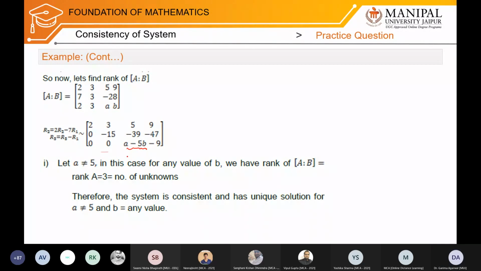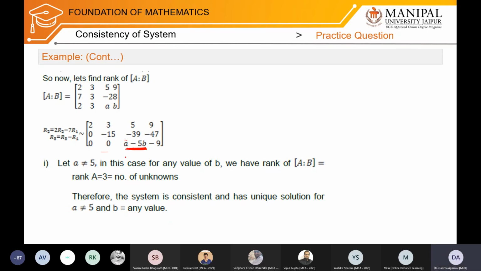So the first case, if A is not equals to 5, in this case for any value of B we have rank of augment matrix, and rank of matrix A is 3, which is equals to number of unknowns, because this term is A minus 5B, right? This term will be 0 if A is 5 and B is equals to 1.